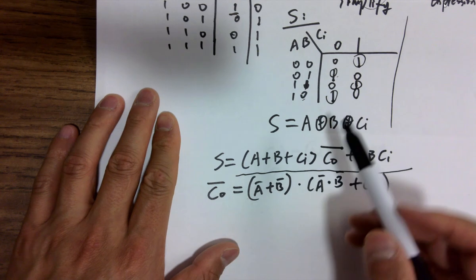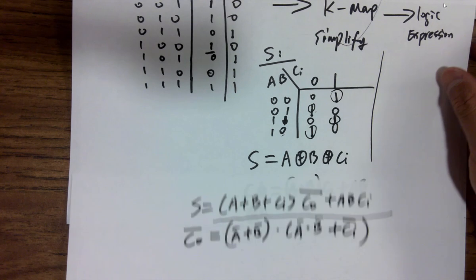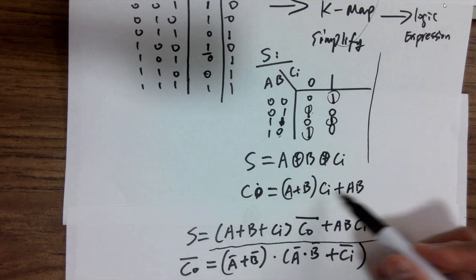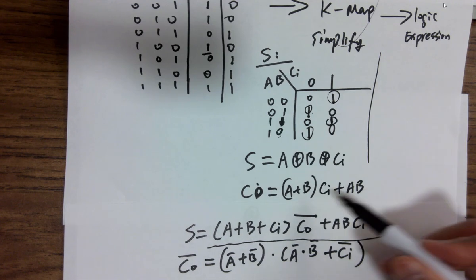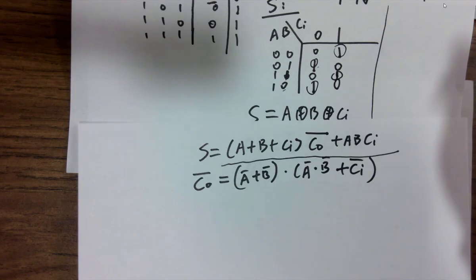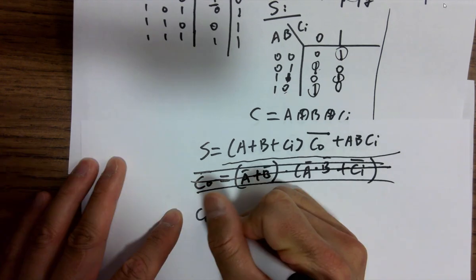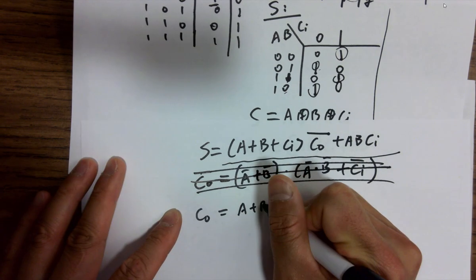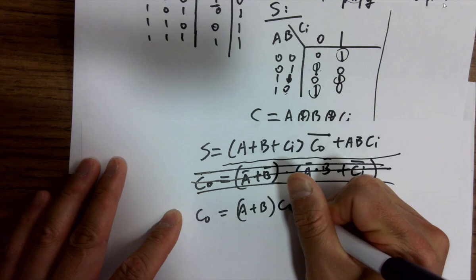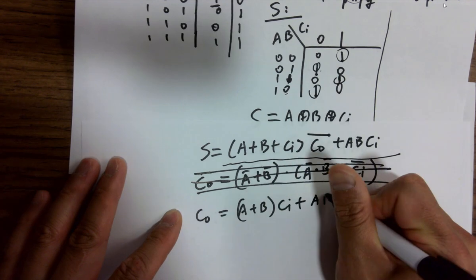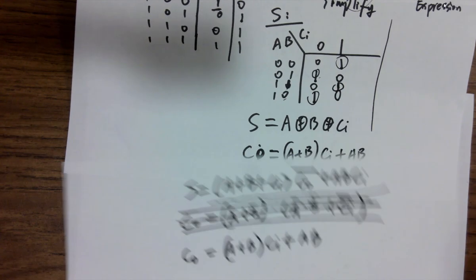It's gonna work. But for carry out, this is not too bad. I don't think we should use this one. Let's keep using C out, which is A or B, CI or AB. That's the direct result from the K-map.